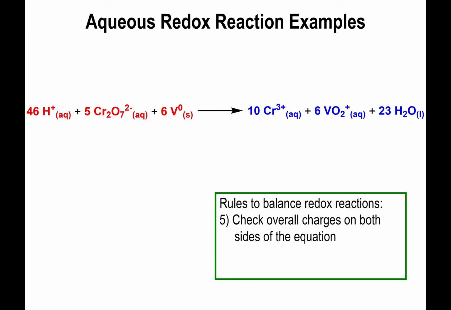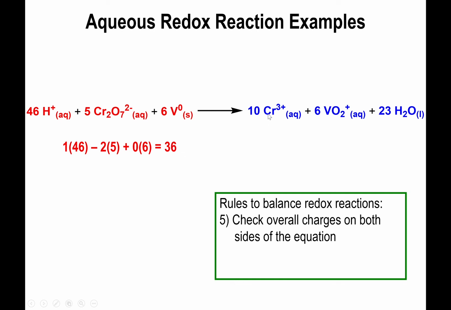One way to double check that this is done correctly is to look at the overall charges on both sides of the equation. We have a +1 charge for hydrogen, 46 of those, that's plus 46. -2 charge for dichromate, and 5 of those, so that's -10. And then here's a charge of 0, so no contribution. So we have 1 times 46 minus 2 times 5 plus 0 times 6, which added together is 36.